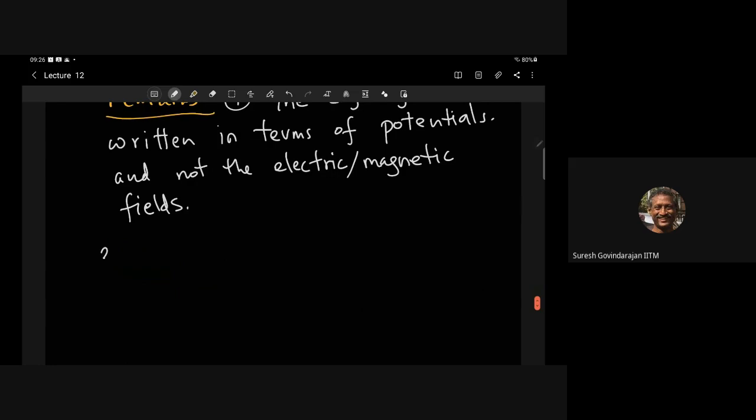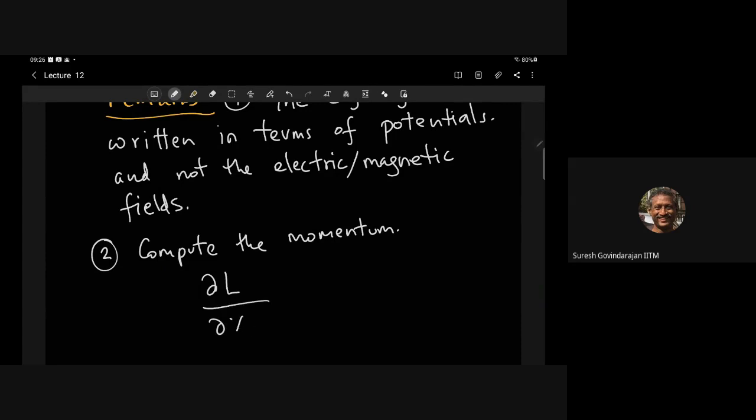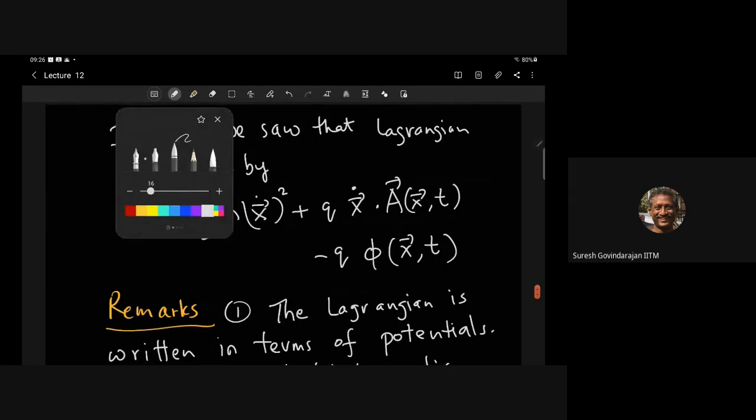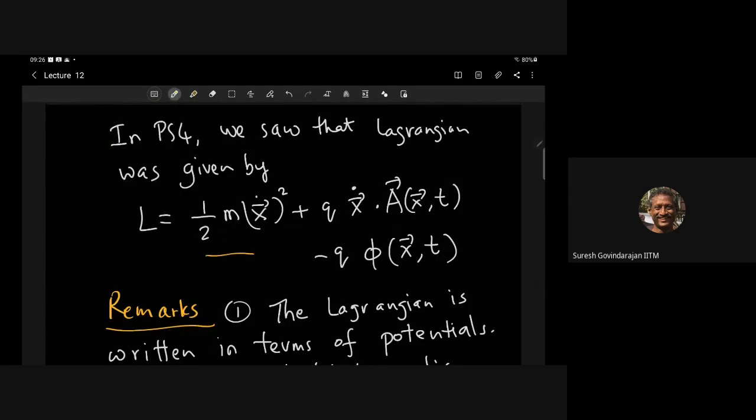The second thing is that let's compute the generalized momentum, of course. We have to do dL by d x_i dot. Where does x_i dot appear? There are two terms where it comes, this term and this term.